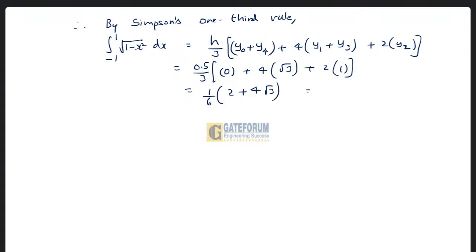Here 2 is common, so 1 plus 2 root 3 divided by 3. This can be written as 1 by 3 plus 2 root 3 by 3. 3 can be written as root 3 into root 3, and one root 3 I can cancel. So finally 1 by 3 plus 2 by root 3.